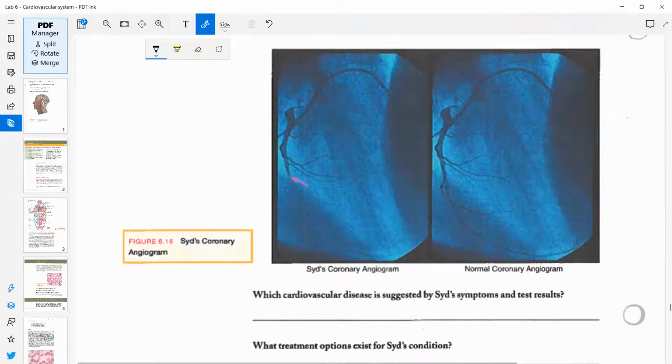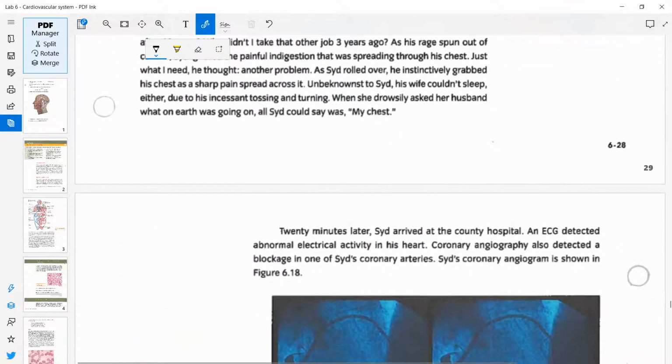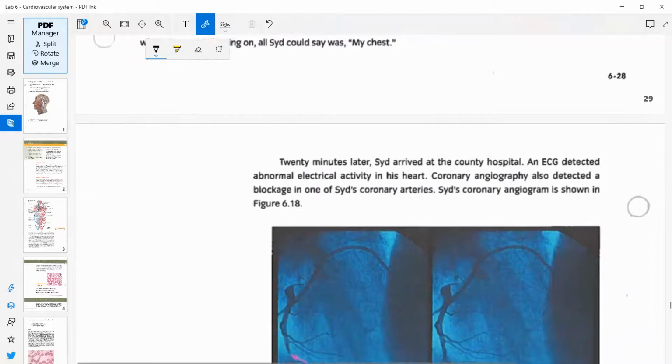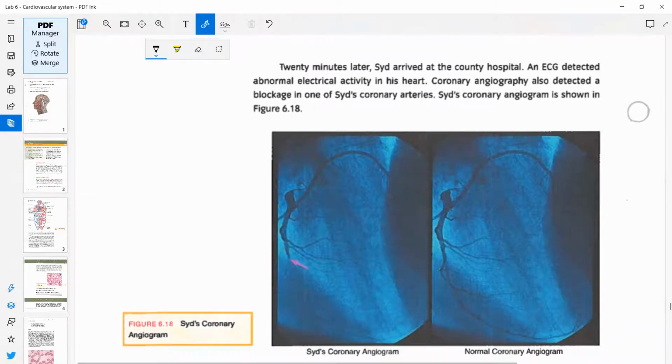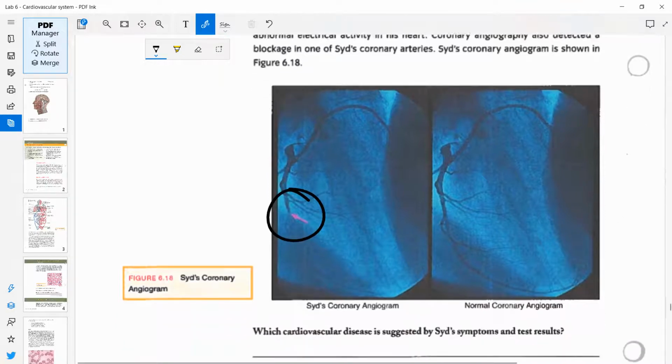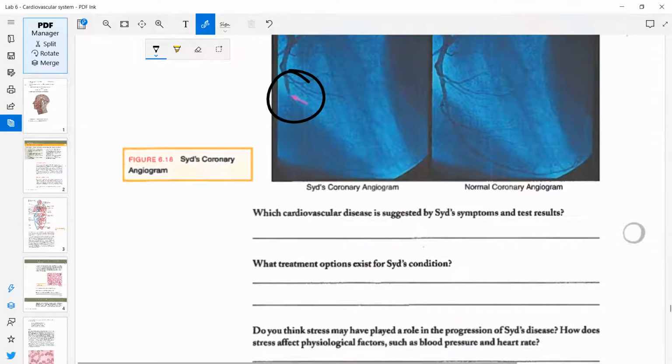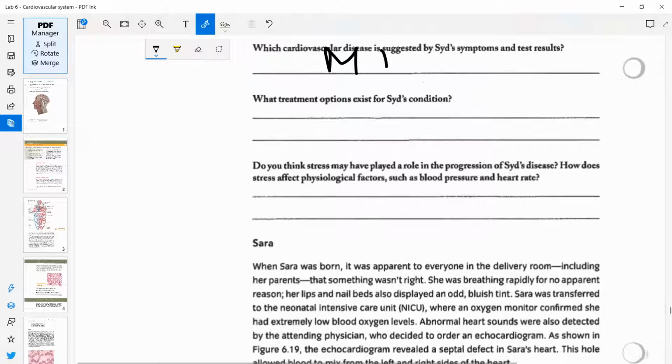And this is the blockage in the coronary artery, and that is myocardial infarction. Treatment option: removal of the blood clot, and stress probably played a role. Stress increases blood pressure and increases the chance of thrombus formation.